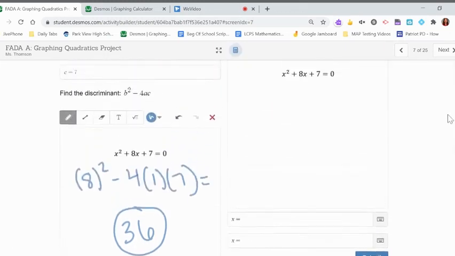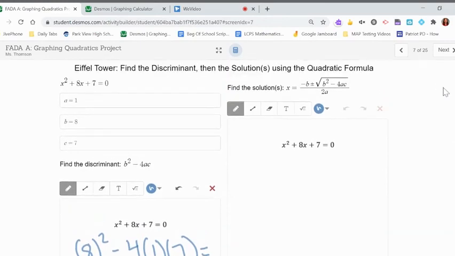All right, last piece of my project here is to fill in and find the solutions using the whole quadratic formula. So I'm going to write x equals negative b. I'm going to do a different color actually. x equals negative, my b is 8, plus or minus the square root of 36. That's your discriminant.